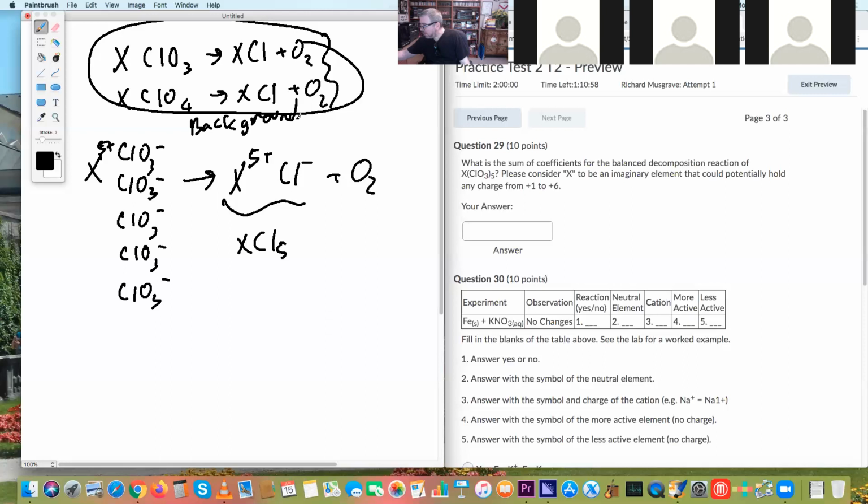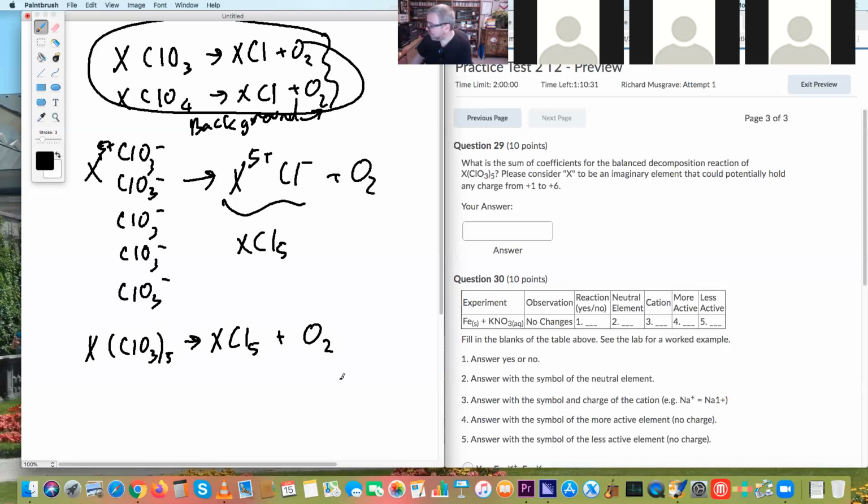I mean, what I'm telling you here is prerequisite knowledge, but you'd have to know that a chlorate or a perchlorate would break apart into a chloride and O2. I'll just finish this off here. XClO3 gives XCl5 plus O2.